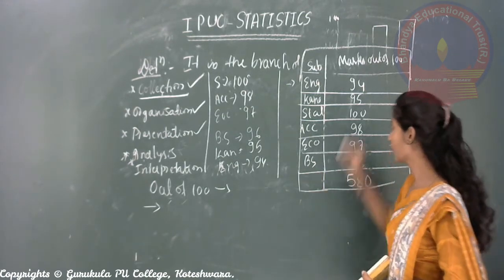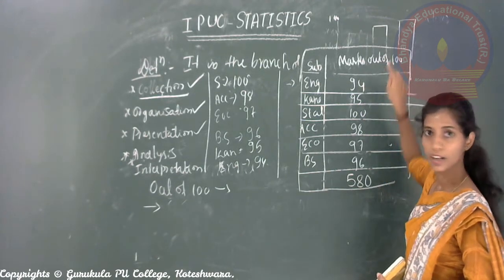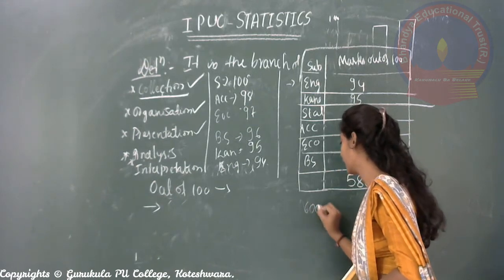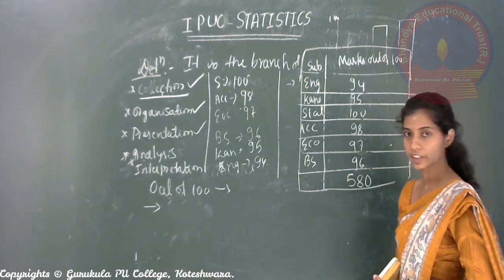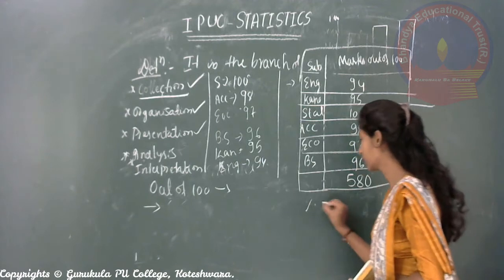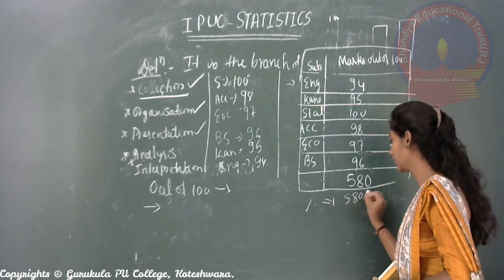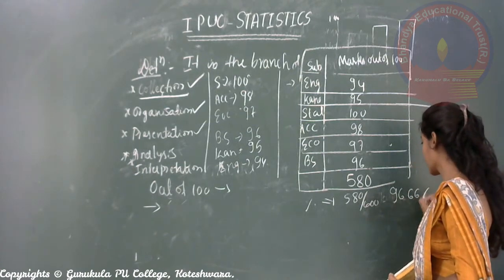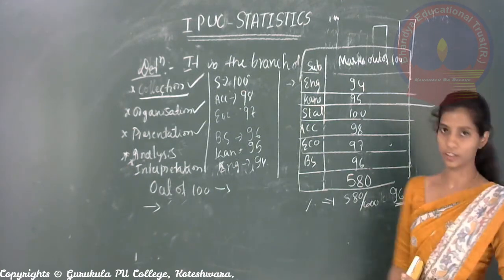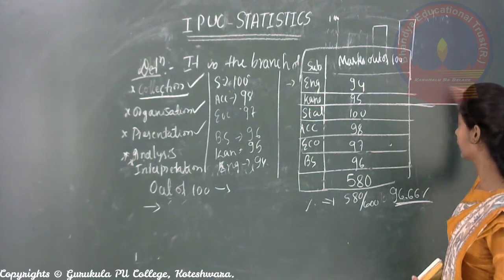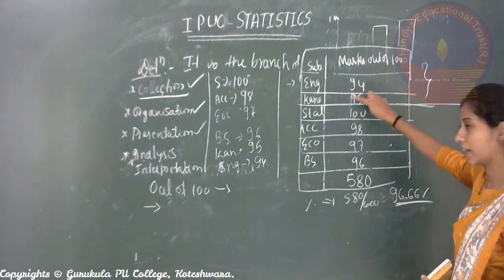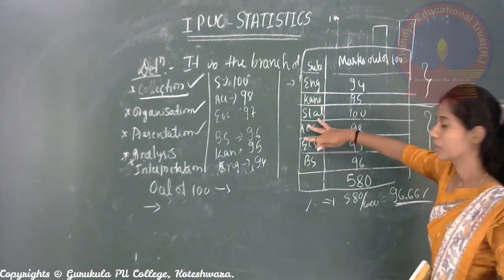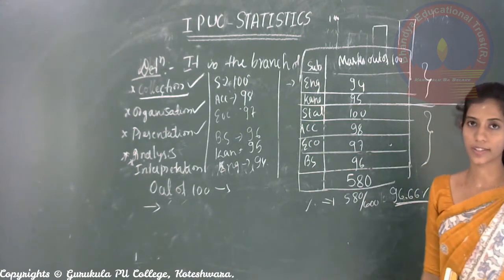The exam was conducted for 100 in each subject, so the total is 600. The percentage is 580 divided by 600, which is 96.66 percent. Similarly, you can calculate the language percentage and the core subject percentage.